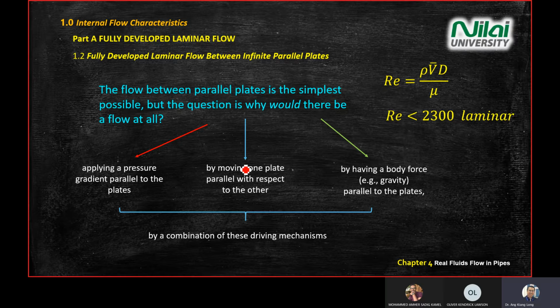So this is a very important number, 2300. Then we're going to look at the mechanisms that make laminar flow happen: first, the pressure gradient or the pressure difference between 2 points, gravity, and also moving one of the plates that transports the fluid.